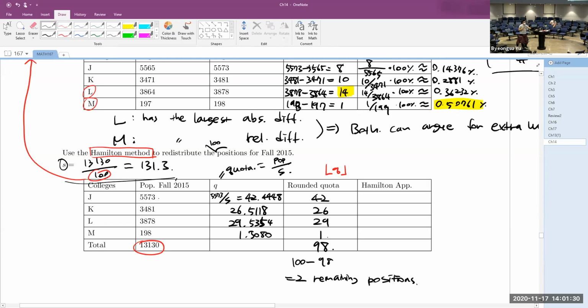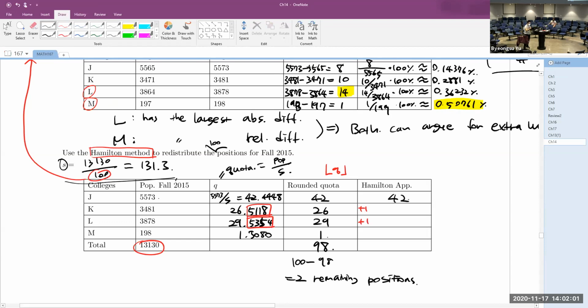In the case of Hamilton apportionment, those positions will be distributed to the states or colleges whose fractional part is the greatest, right? So the greatest fractional part here is R, and the next greatest fractional part is K. So those will get one additional position each.